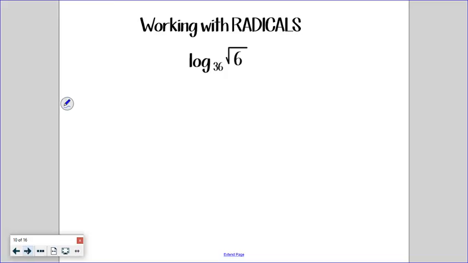It's dealing with radicals. So let me write out the steps as we go through this one and how I would attack it. Log base 36 of the square root of 6. First of all, rewrite it as an exponential equation. So 36 raised to something is going to give me the square root of 6, right?